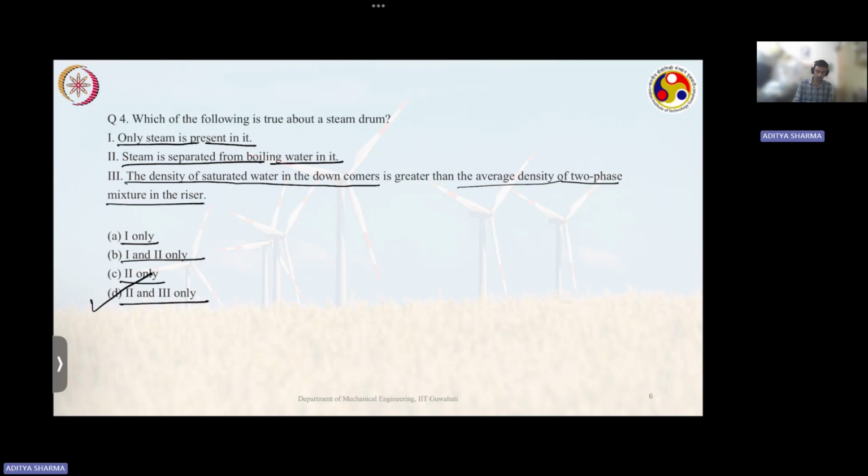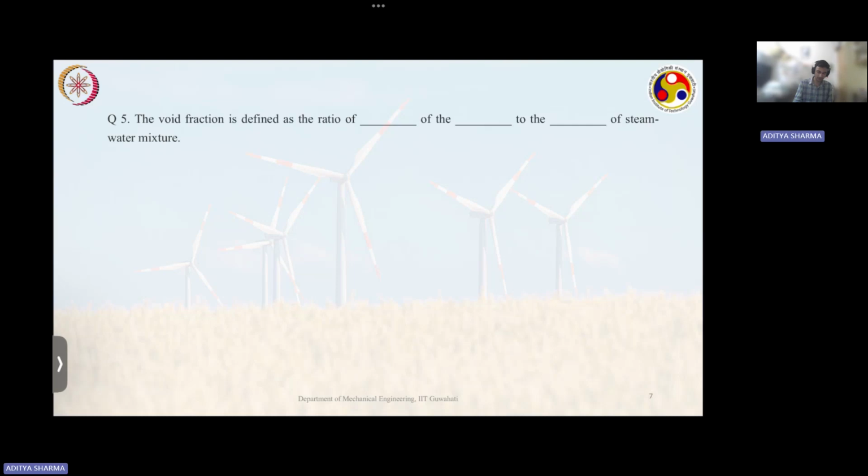So now we shall move ahead to question number 5. So please read this and try to give a correct option for this question.